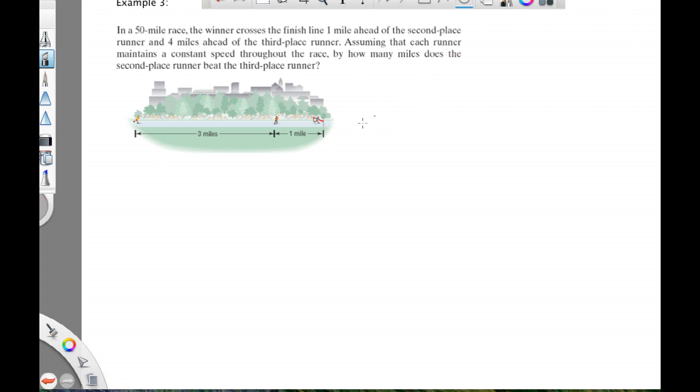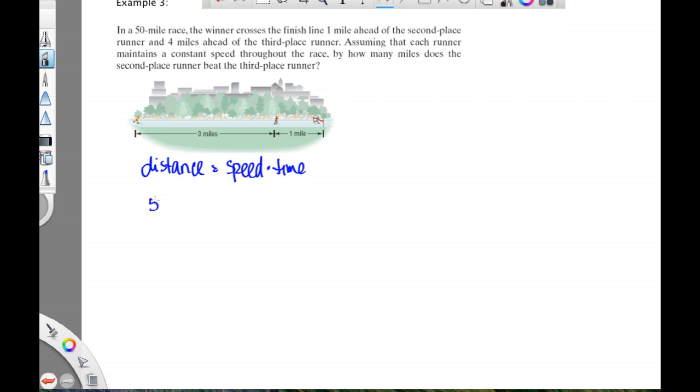Okay, so here are some things that we know. Let's backtrack actually. We know in general that distance is the speed times the time, right? So that's what I'm going to write my equations based on.